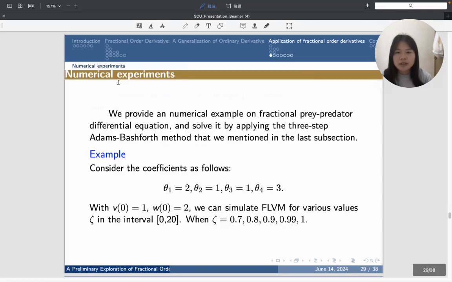At last, I'm going to give a numerical experiment about the fractional predator-prey model, where we consider the coefficients as follows and give the initial point. And I set the fractional order ξ equals 0.7, 0.8, 0.9 and 1.